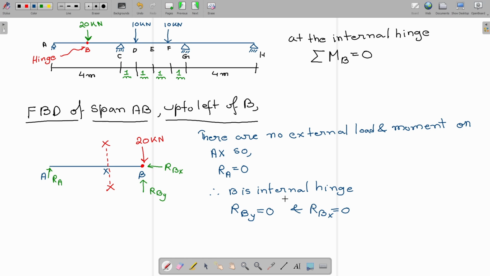So from this conclusion we can write the shear force immediate to the left of section B is 0.